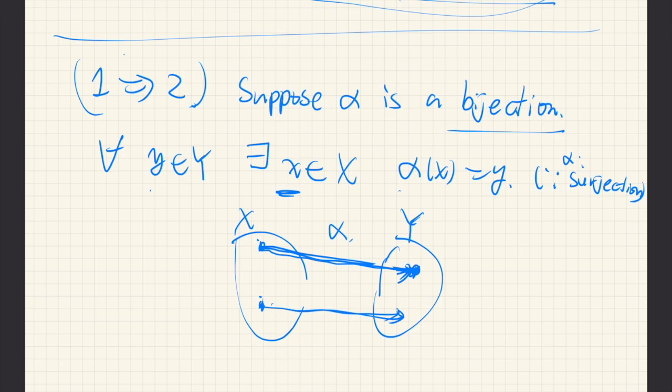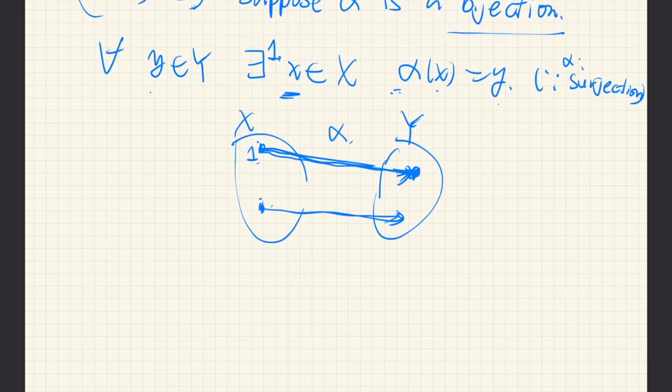There is only one element in X, such that alpha of X is equal to Y. So this is unique. So sometimes we write existence and exclamation mark, or sometimes we write existence and 1. So this means unique. There is only one element such that alpha of X is equal to Y.